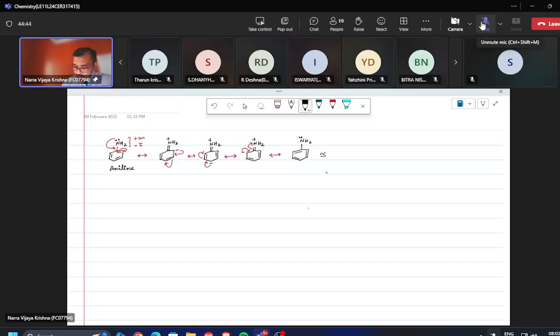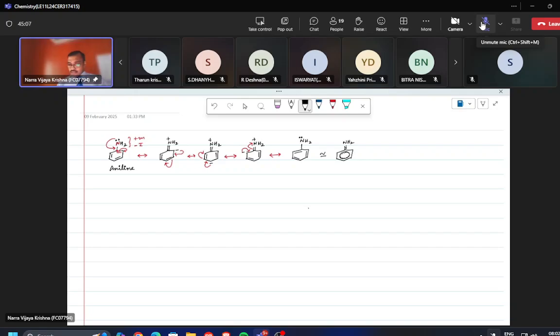The resultant of all these forms will be written like this, correct? That's why we'll write it as a ring. Are you able to understand why I have written it like this?